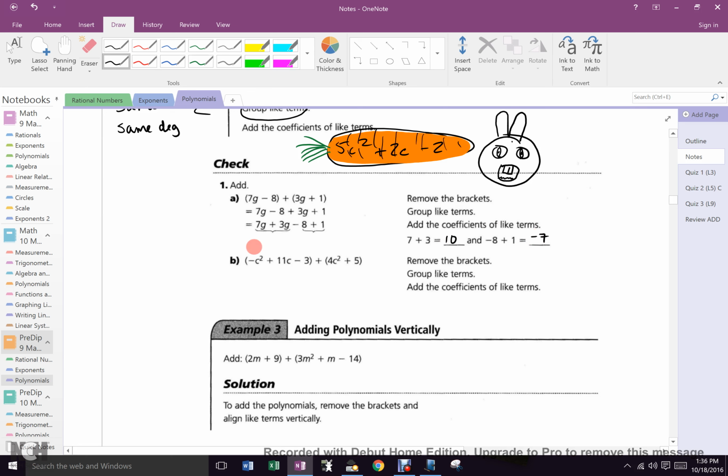So what's the answer? 10g minus 7. This one? 3c squared. They're gone. Plus 11c, because there's no other c's. It's gone. Okay? Everybody good?